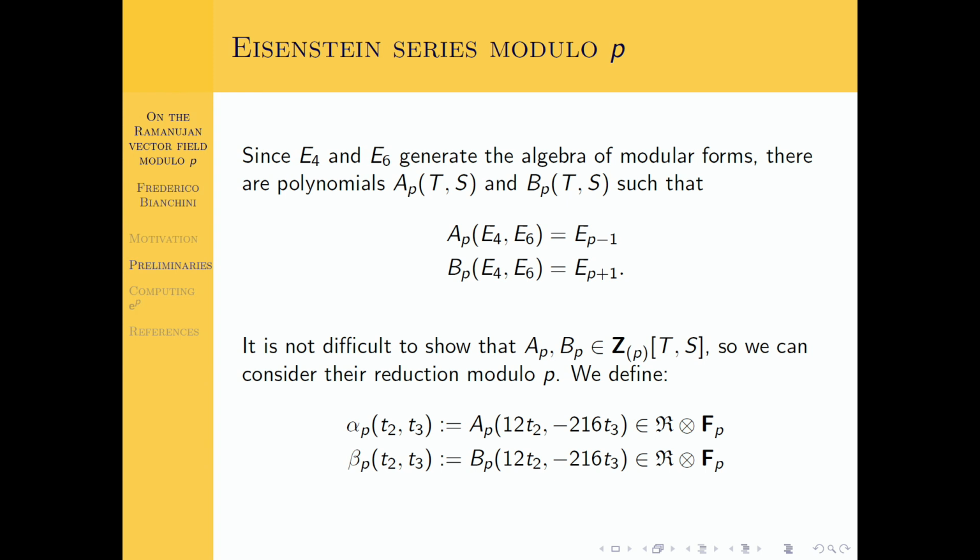In our setting, since we are making a slight change of coordinates, we are considering this alpha and beta that I call alpha_p and beta_p here, which is just this change of coordinates. So alpha_p of T2 and T3 is A_p of 12 T2 minus 216, etc. And alpha_p and beta_p, for me already, I'm considering them modulo p, so I'm tensoring by F_p here.